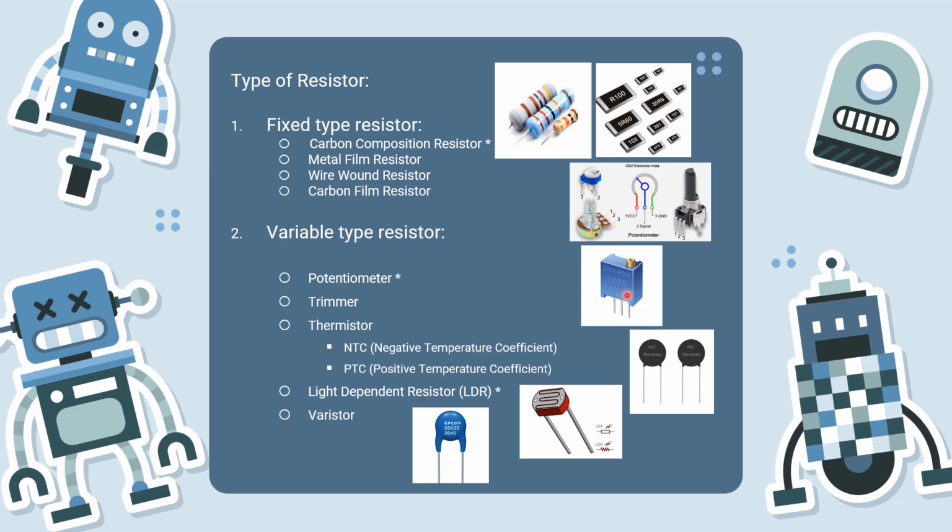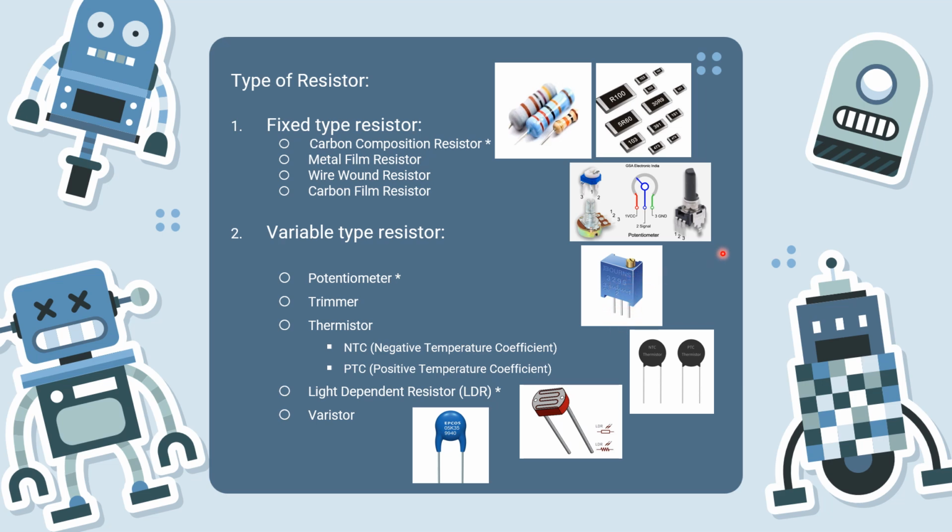For example, a potentiometer or trimmer, this is a potentiometer and this one is a trimmer, has a screw like this that we can turn to change the resistance value. So by turning this screw, we can change the resistance between the pins.